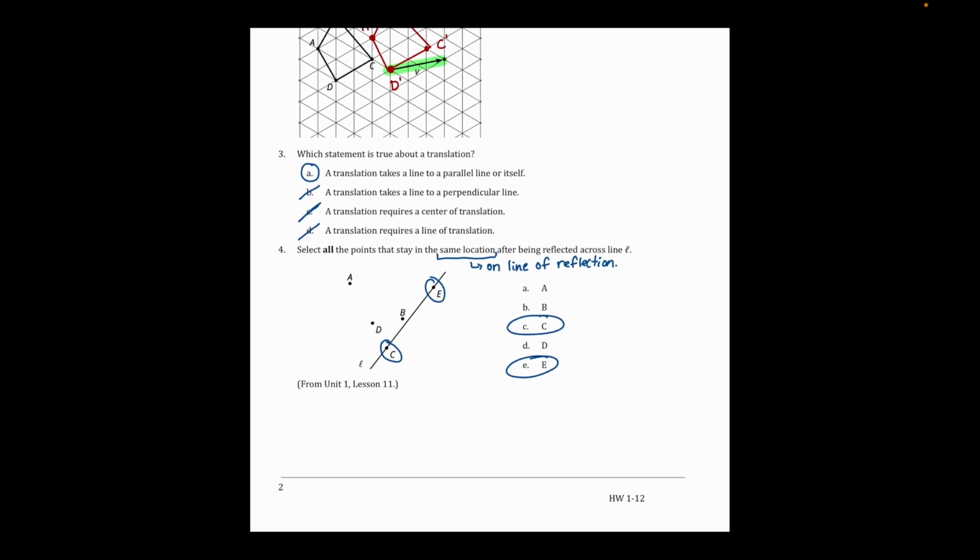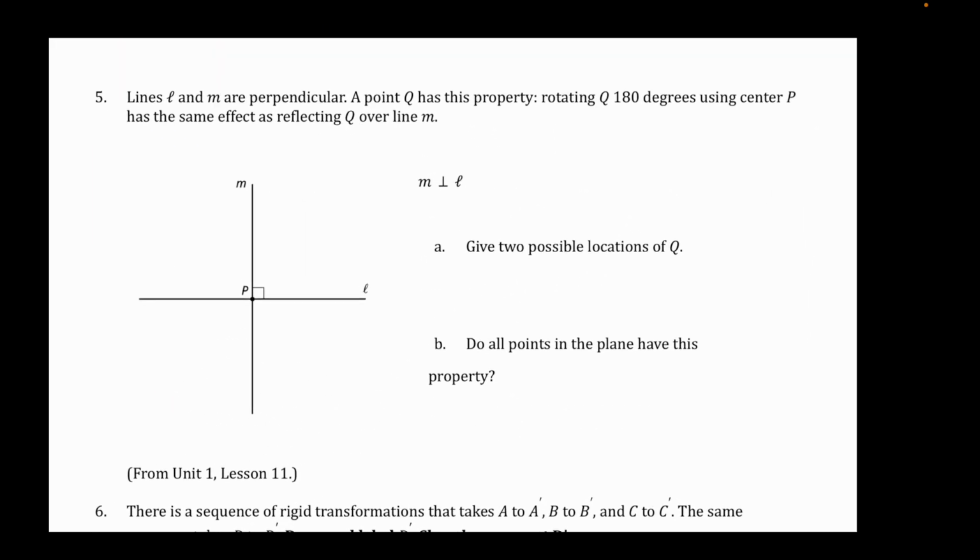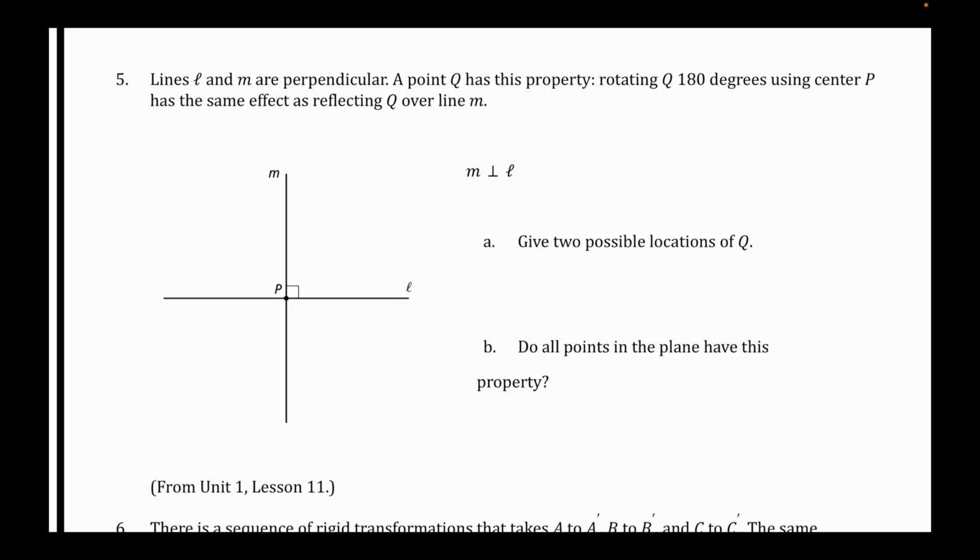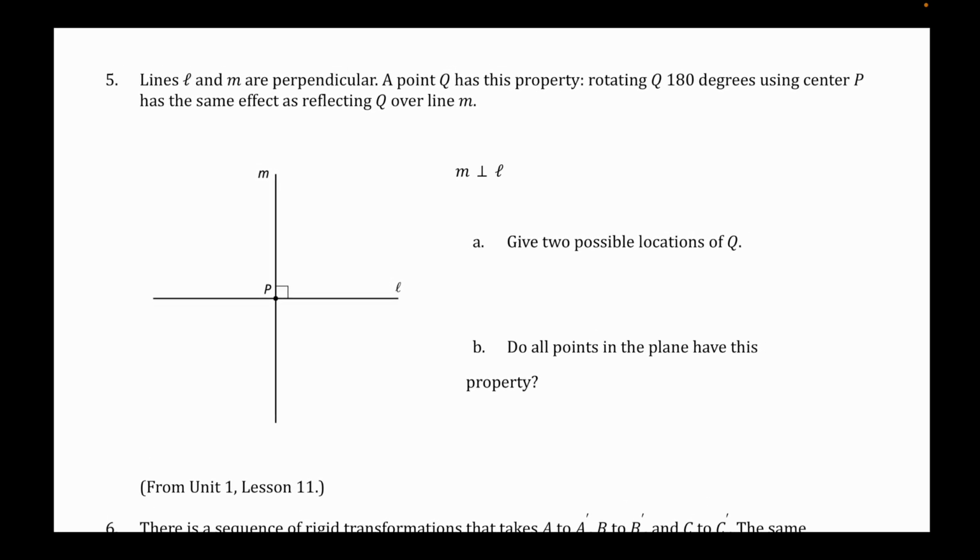All right, we still have some more questions here, so we're going to keep going. Let's switch over to the next page and look at question 5. So lines L and M are perpendicular. Okay, cool. I've got perpendicular here. I see my right angle. They're perpendicular.